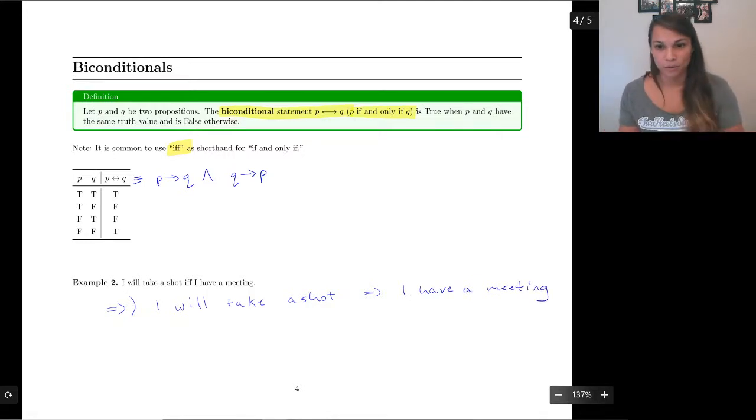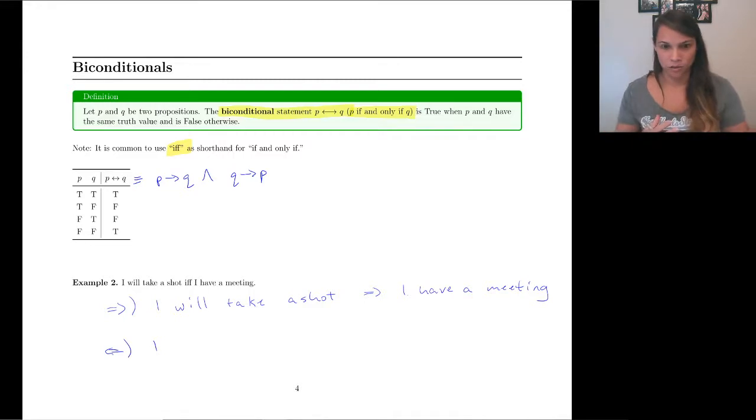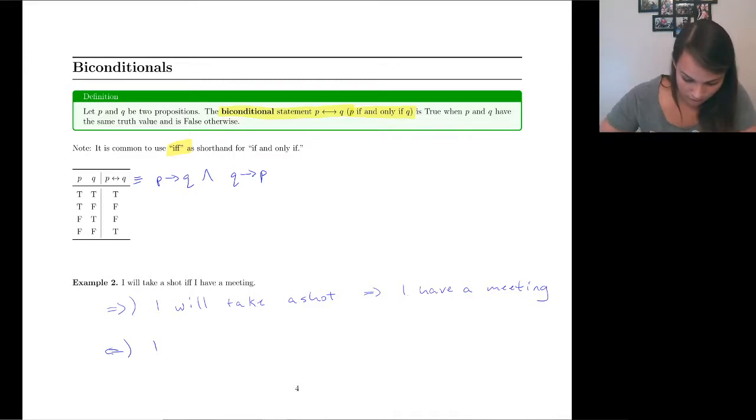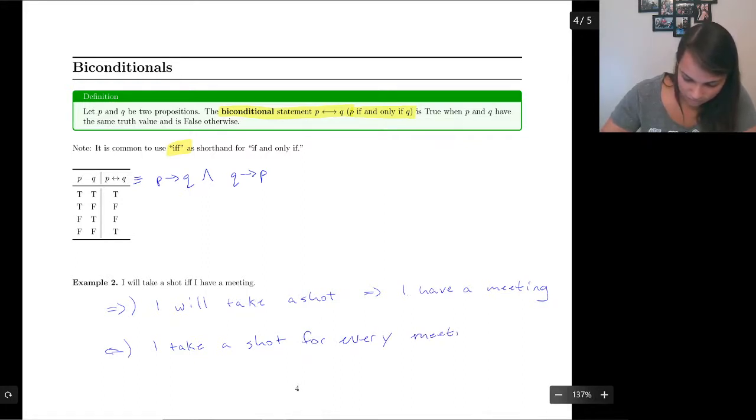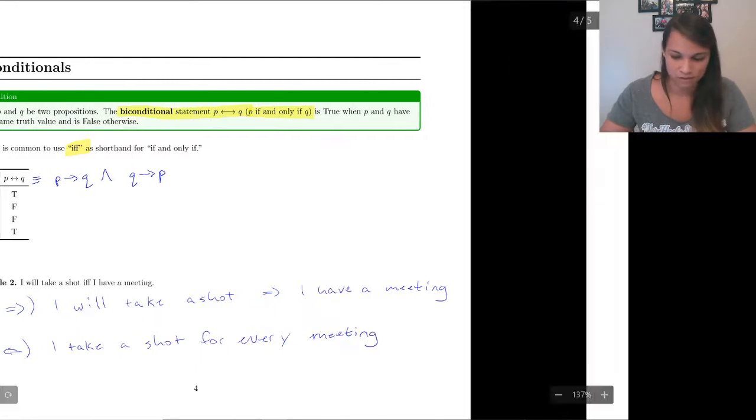And then going backwards, I have a meeting, so I'm going to take a shot. So I take a shot for every meeting is basically how that gets interpreted. Okay, don't worry, it's not true. I take shots all the time when I don't have meetings.